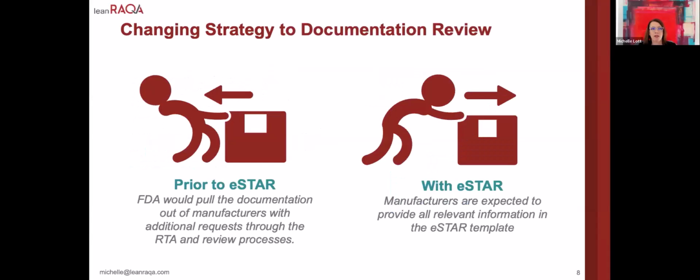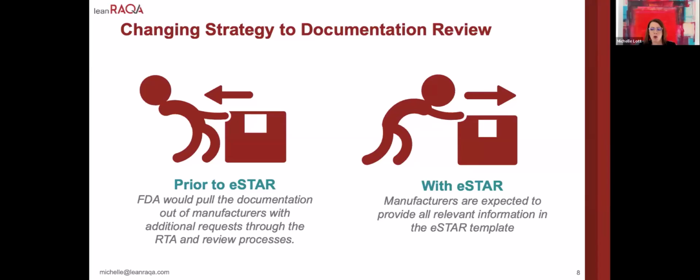Overall, eSTAR represents a changing strategy to FDA's documentation review. Prior to eSTAR, in the eCopy format, it was more of a pull of documentation by the FDA for anything that the FDA felt either wasn't in the submission or wasn't complete and accurate, and they would have to either write an AI request or send an interactive request for that information.